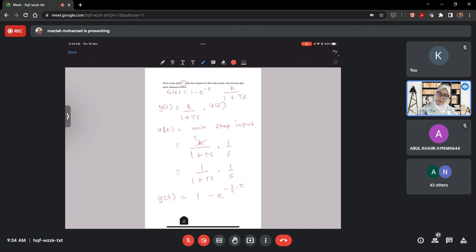Because if you do the partial fraction, you will have A over s plus B over 1 plus ts, so you get A equal to 1 and B equal to minus 1 over T. So basically you get 1 minus exponent negative 1 over T times t. This is the general time response equation for first order.